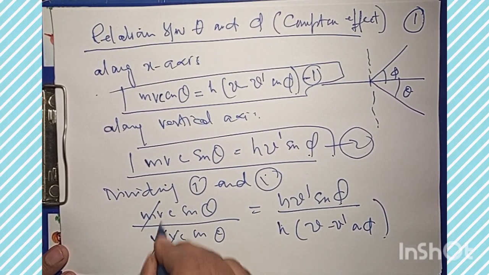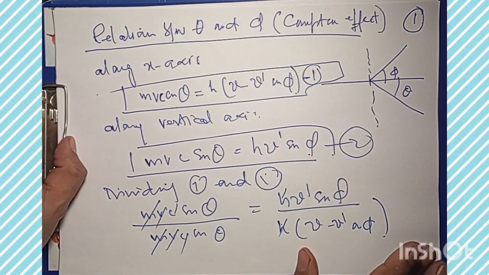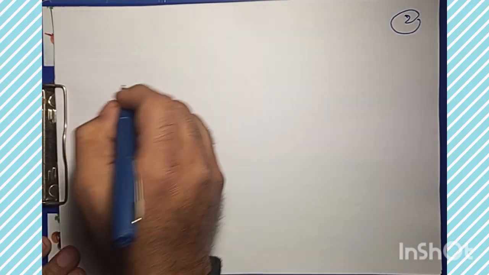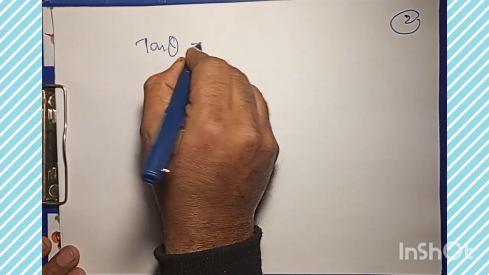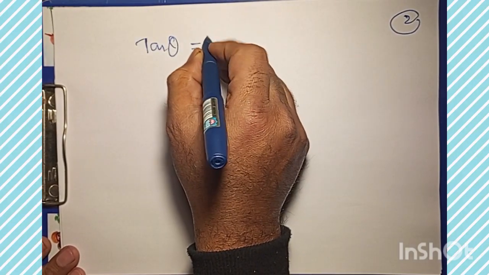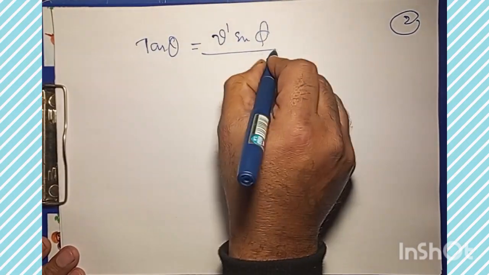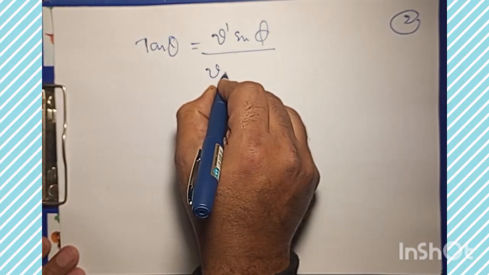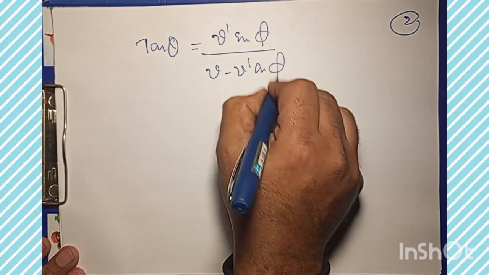So we will have some cancellations, and what we will come up with is sine theta by cos theta, which is tan theta, and that will be nu dash sine phi by (nu minus nu dash cos phi).